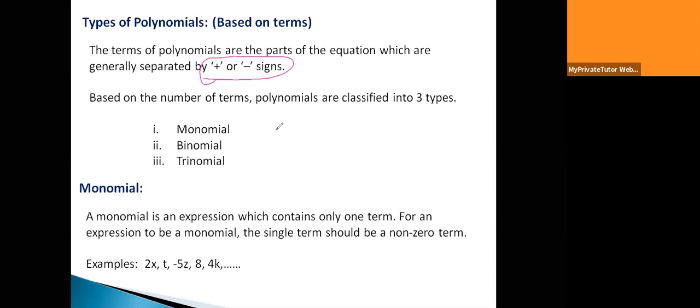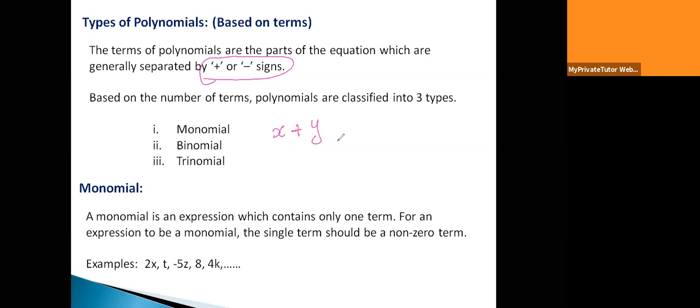Generally in an algebraic expression, right? For example, x plus y. How many terms does this expression have? This expression has two terms. One is x, one is y. And what are these terms separated by here? By the plus symbol. I hope you guys know all these things.